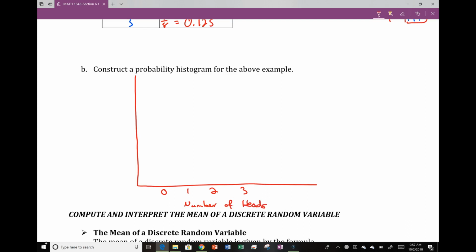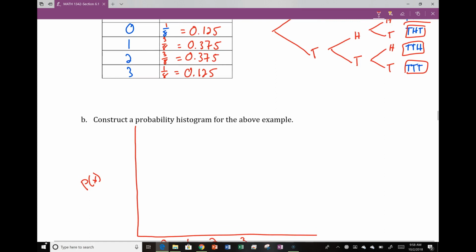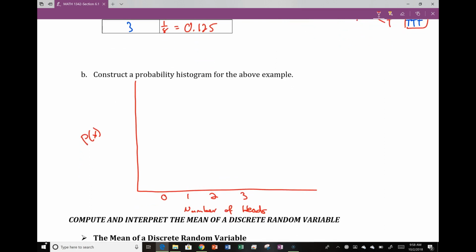Now my vertical axis, I need to put the probabilities on there. I need to go from 0 at least up to 0.375. So if I do 0.1, 0.2, 0.3, 0.4. Here's 0.4, not 5. That should be a 3.